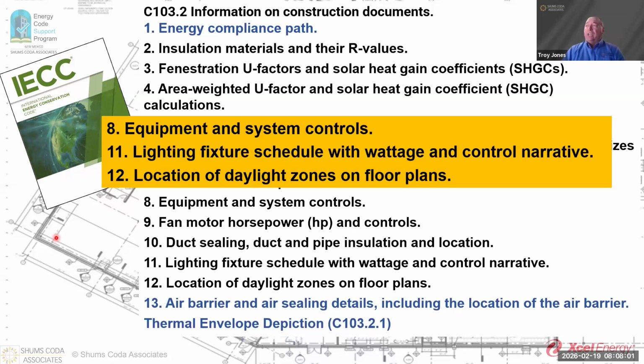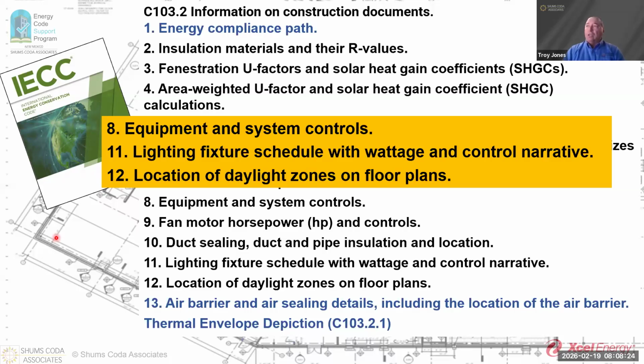And then we need to see the location of the daylight zones on the floor plans. This is huge for everybody. If we don't have those daylight zones on the floor plans, then we're just guessing. And it's really hard to configure those sensors for the daylight zones if we don't know how far out they're supposed to go and be active with.